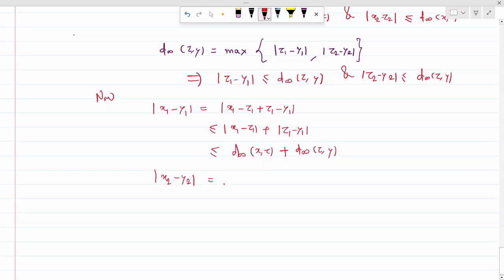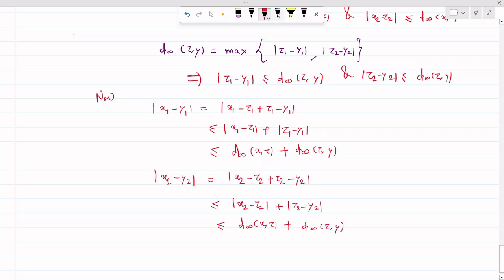Actually mod of x2 minus y2 is mod of x2 minus z2 plus z2 minus y2, so that is less equal mod of x2 minus z2 plus mod of z2 minus y2. Here mod of x2 minus z2 is less equal d infinity of x comma z, plus this is less equal d infinity of z comma y.